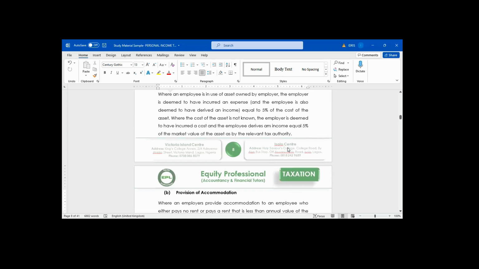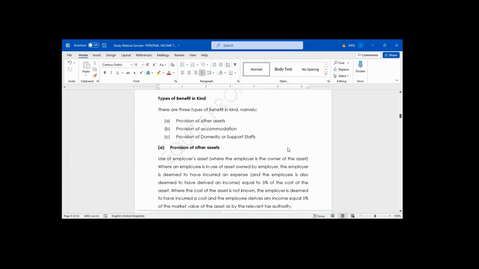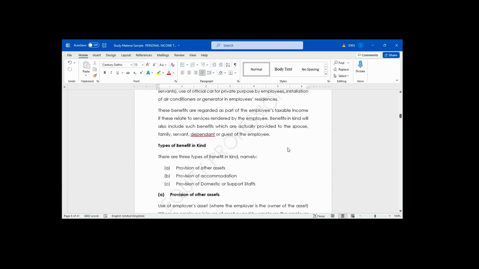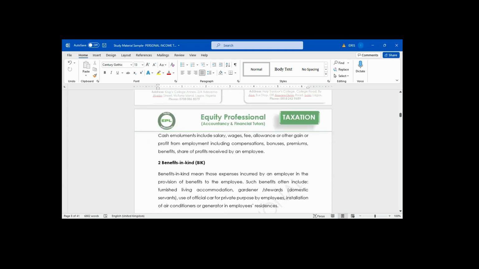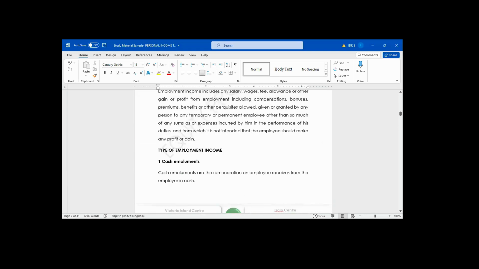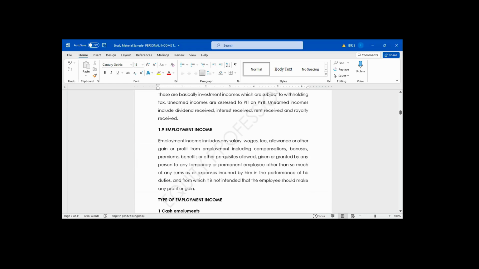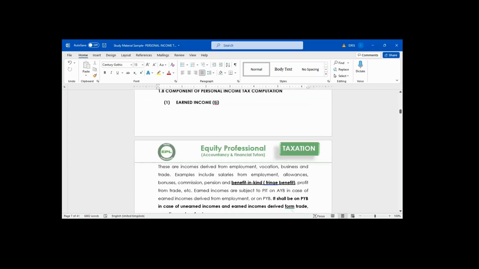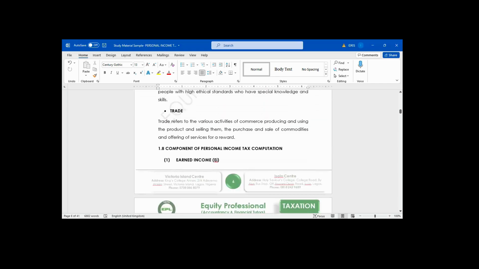Like I said, employment income, we divide the employment income into how many? Two. Cash employment income and what? Cash emolument and benefit in kind. And I said these benefits in kind are what?